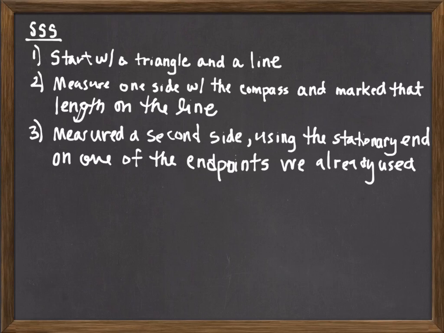So in my triangle, that was A and C. We couldn't put the stationary end on B because then I wouldn't be able to move my compass and know where to put that stationary end when I moved it. It has to be one of the endpoints we already have. And we make an arc, right?